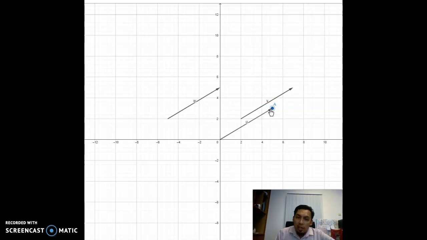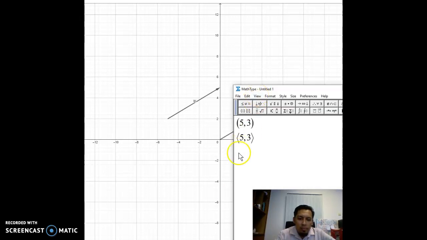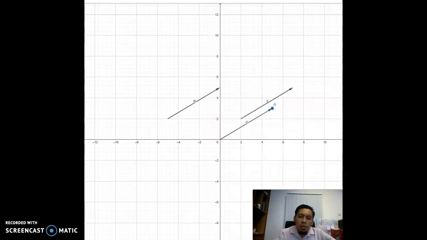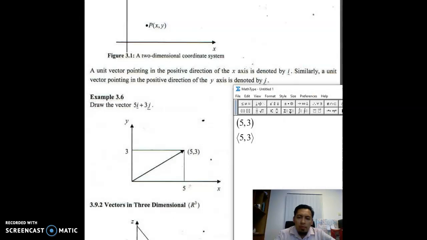As for a vector, the value itself does not talk about the location. It talks about the difference between two locations. For the first one, in this example, you have 5, 3 at this point, the same as the coordinate, because it starts from the origin 0, 0. Of course the difference here, 5 minus 0 is 5, 3 minus 0 is 3, so it points out the same location of 5, 3. Let's look at another situation.